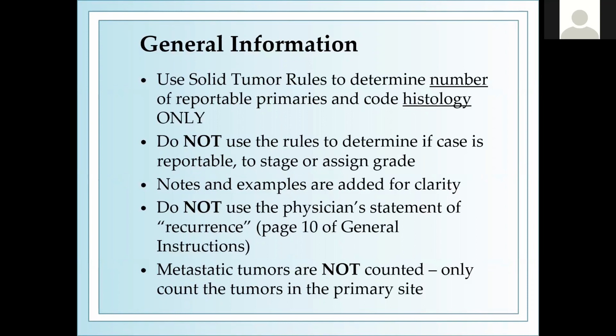So even though the patient has one tumor in the colon and 3 tumors in the liver, we only count the one tumor because there's only one tumor in the primary site of the colon.